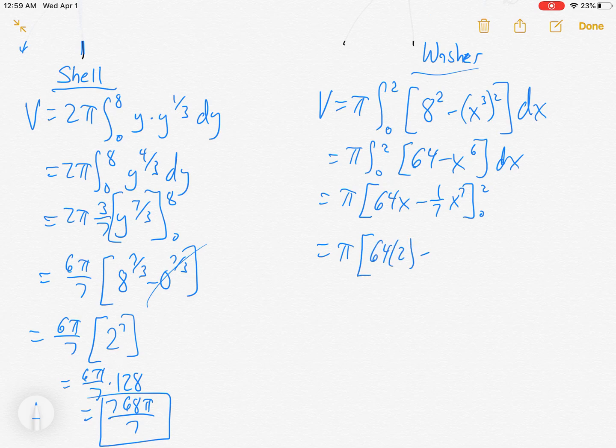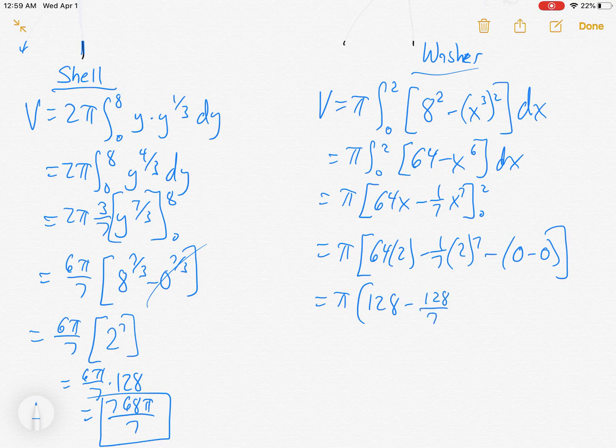So 64 times 2 minus 1/7 of 2 to the 7th. That would be 0. So what is 128 minus, oh, didn't we do 2 to the 7th a little while ago? It was 128. 128 over 7 is going to be?